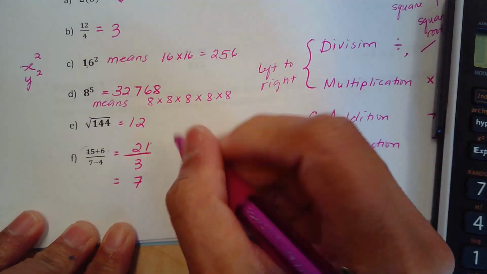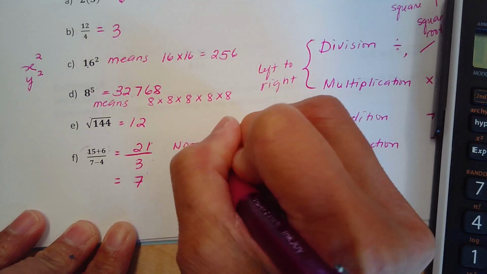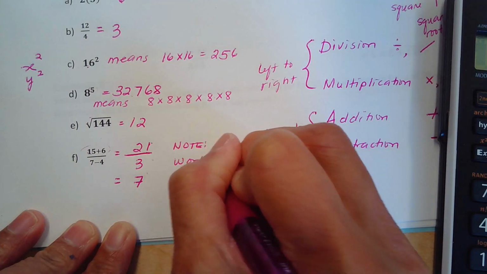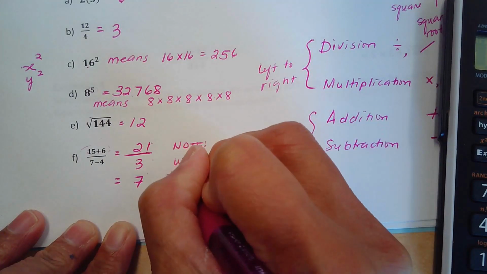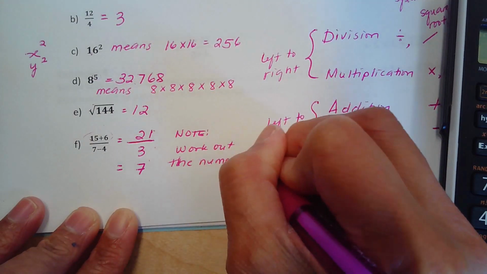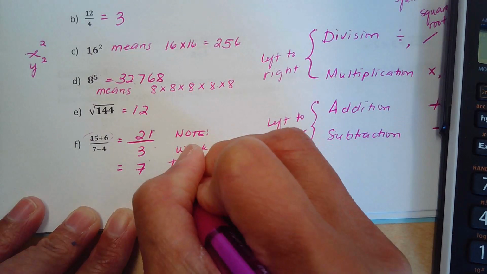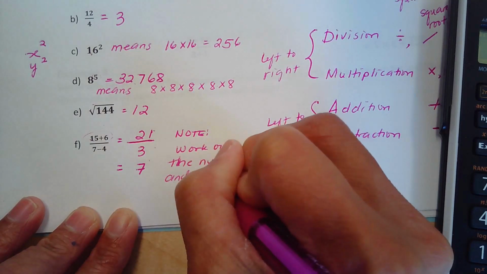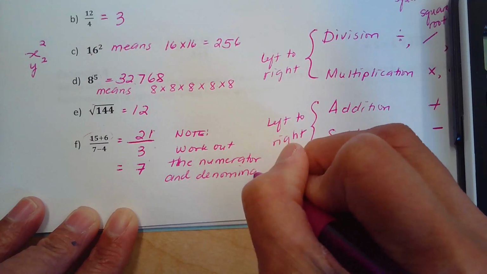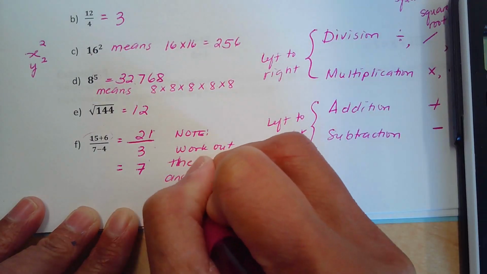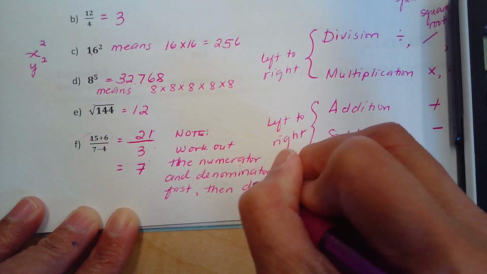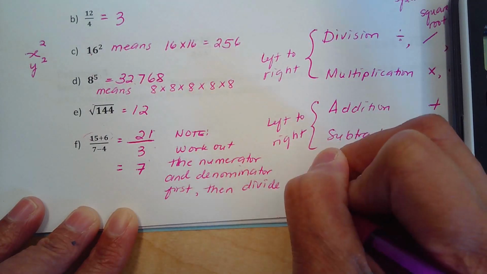So let's make a little note here, a bubble note. Work out the numerator and denominator first, then divide.